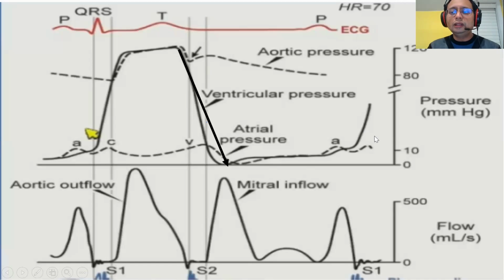If you go to grade 2 and grade 3 diastolic dysfunction, your LV pressure goes up, therefore your left atrial pressure also goes up. I hope you understand now. Grade 1, grade 2, and grade 3 diastolic dysfunction based on hemodynamics.